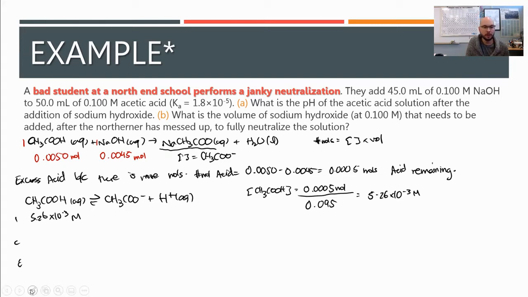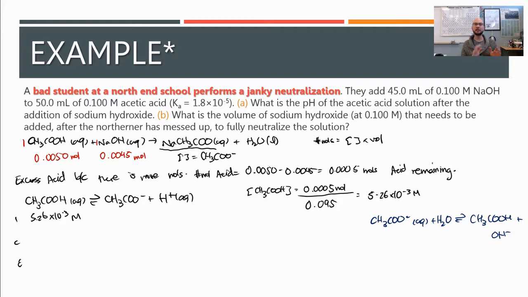If we think sort of off to the side here, that this solution is these two substances, the CH3COOH and the CH3COO minus, are in water, recognize that CH3COO minus aqueous plus H2O will actually produce CH3COOH and OH minus.